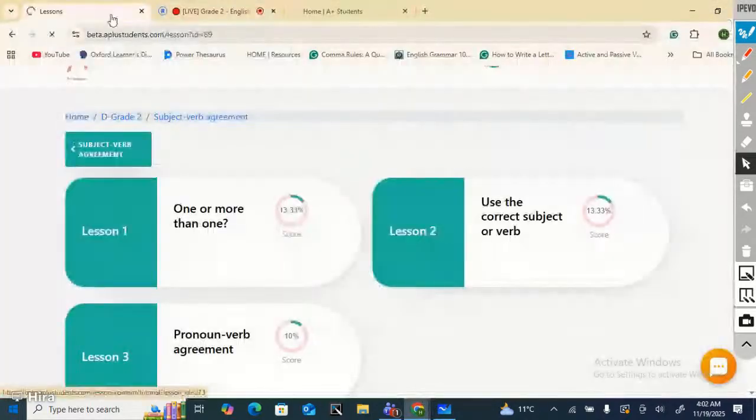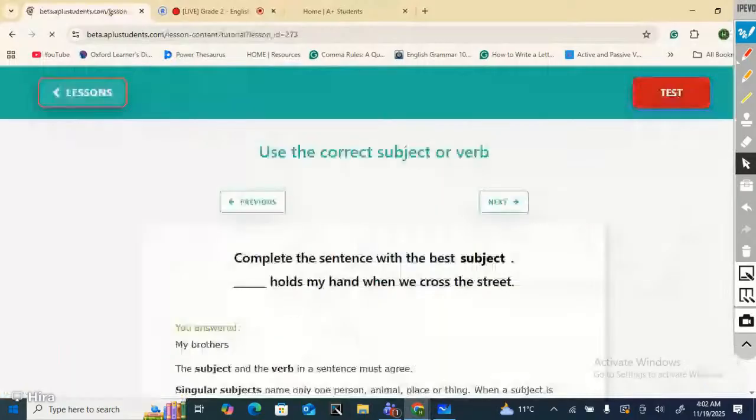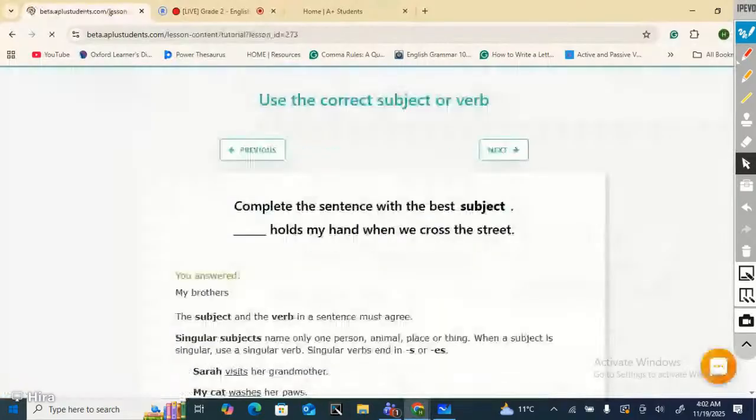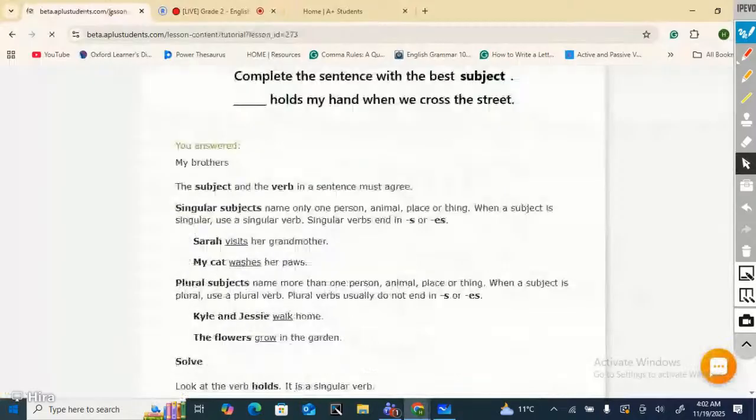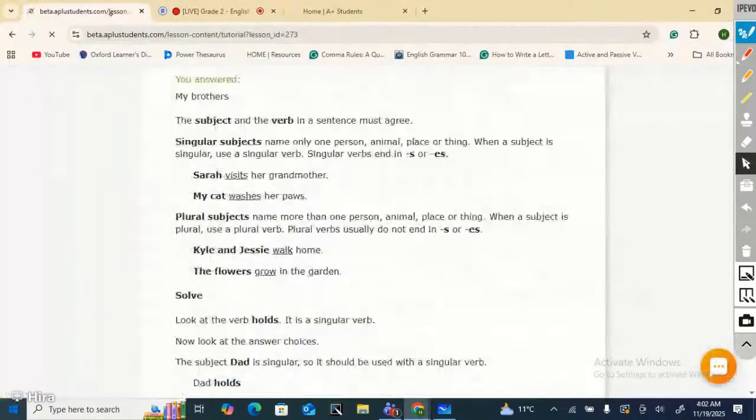Lesson number 2, use the correct subject or verb. Let's recall subject-verb agreement. The subject and the verb in a sentence must agree. You know that every sentence has a subject and a verb, and they must agree.